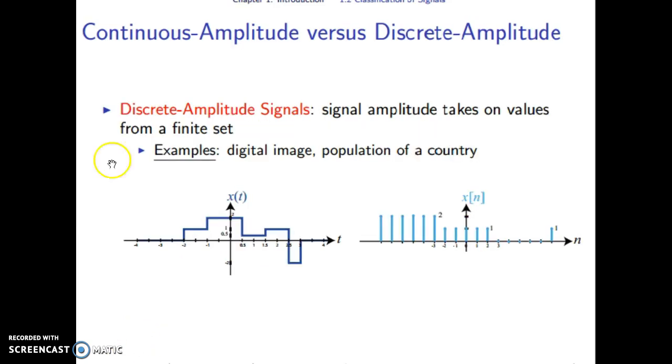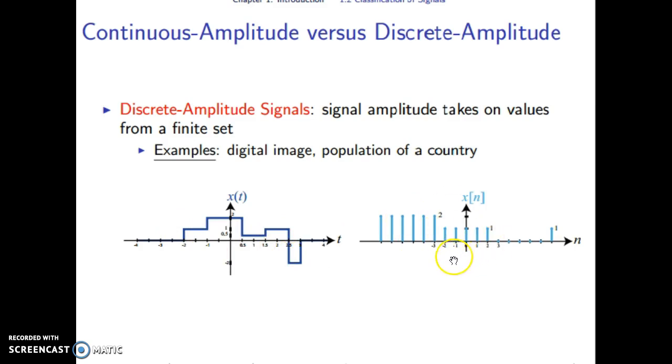Now let us see the discrete amplitude signal. Here the amplitude levels are discrete. In the first picture, the amplitude is discrete but the time is continuous.